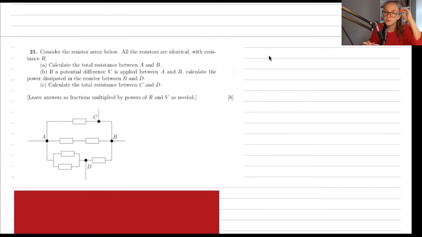So here we have a question about adding resistors, and they ask us to do a few different things. For the first part, A, we're asked to find the total resistance between node A and node B. So we need to do some resistor adding in parallel and in series.